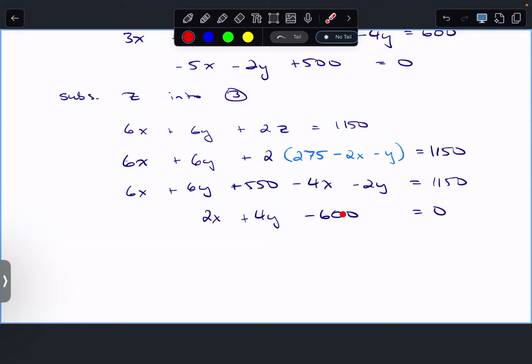So I put 2x plus 4y equals 600. Then divide by 2 on every side. That's fine. You don't have to, although you will eventually if you decide to solve for x or y using one of these. But like I said, whatever comes to you naturally is what you should do.